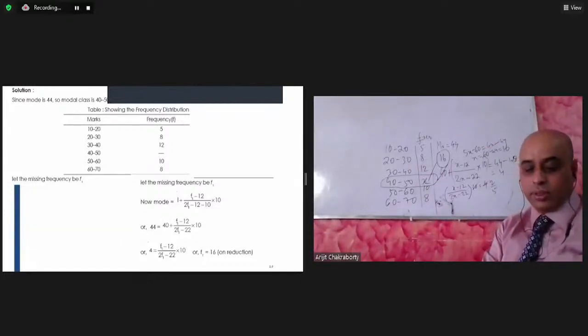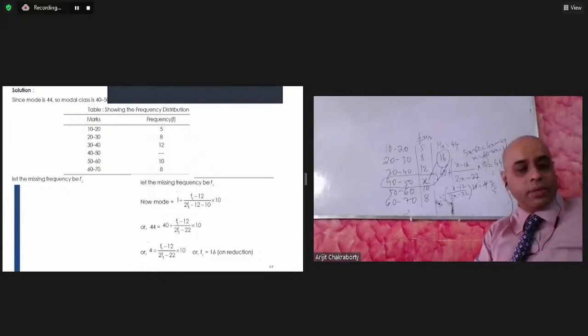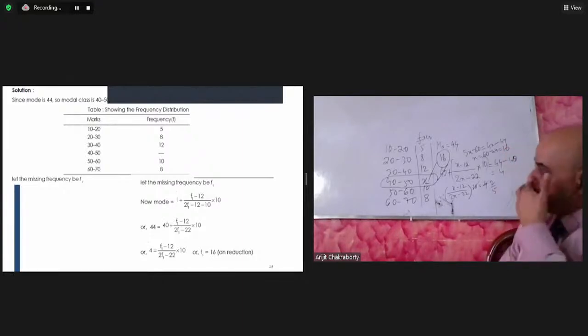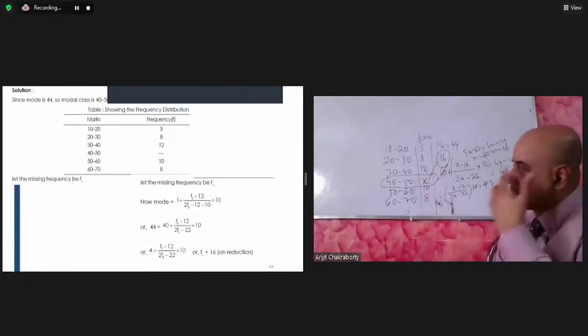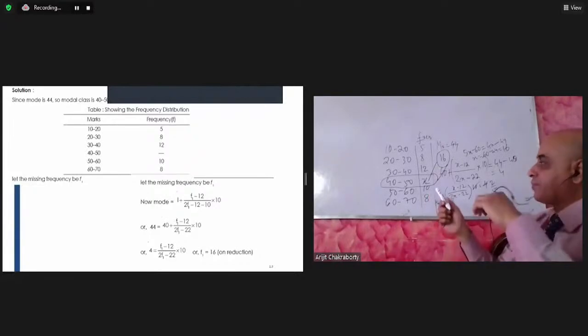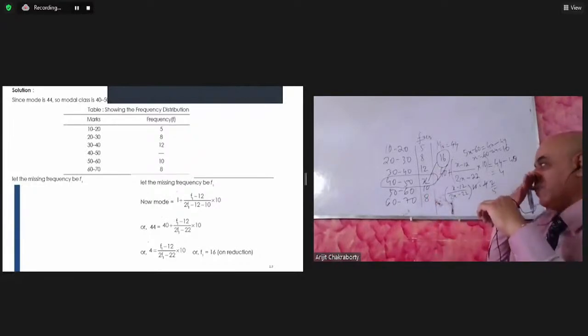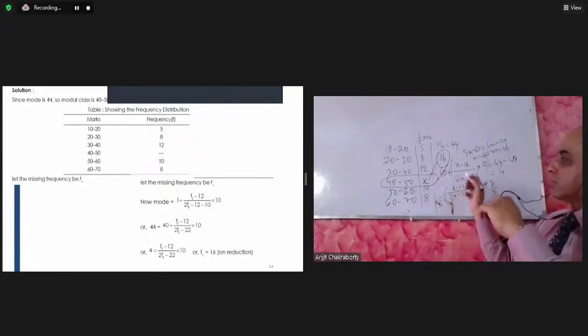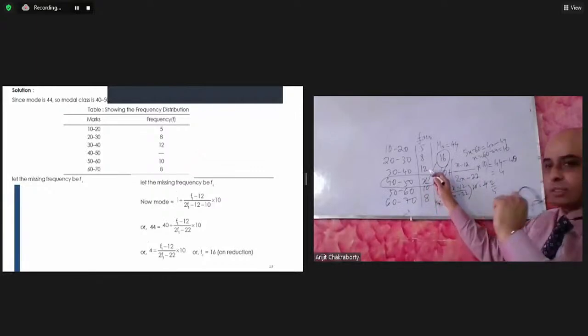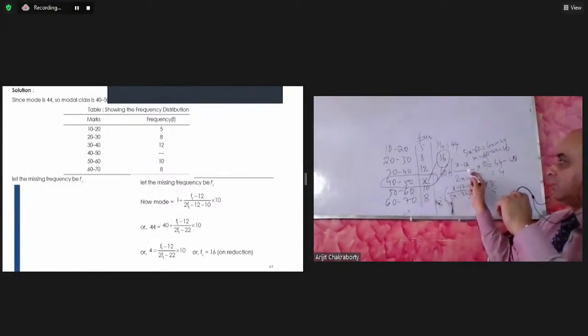There is one person who has got it, Priyanka. Thank you. Missing frequency is 16. Please once again check the answer. We have done it here and now you can see the solution also. So we have got the modal frequency 16. How have we got it? You can see 40 plus (x minus 12), that is x is the modal frequency minus the preceding frequency 12, in the numerator.